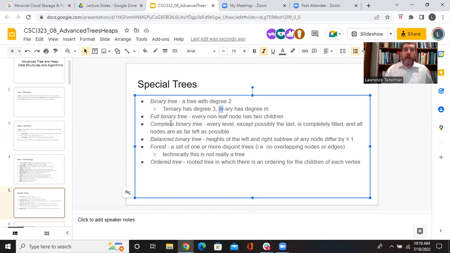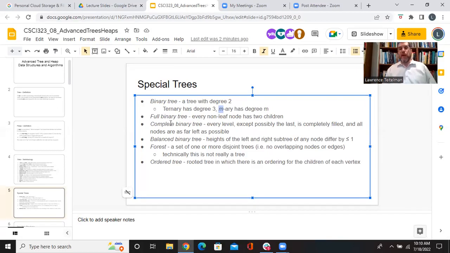All right, another term that is going to be very important, not only today, but also later on when we use these trees for various purposes, is the concept of a balanced binary tree. Loosely speaking, a balanced binary tree means the left and the right are roughly the same.